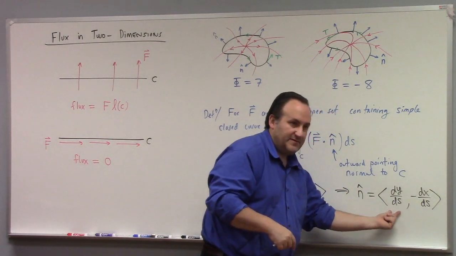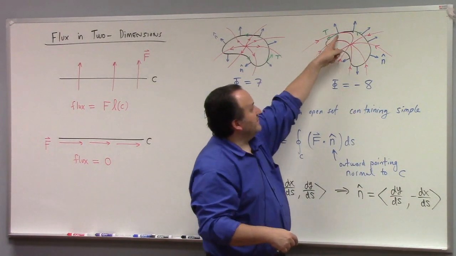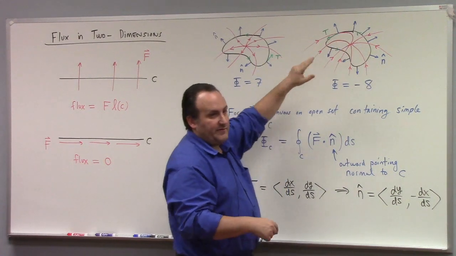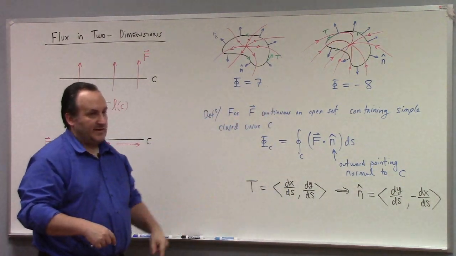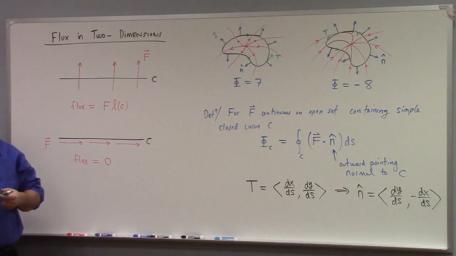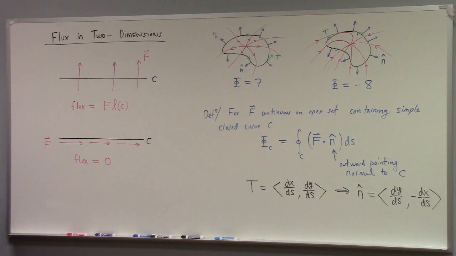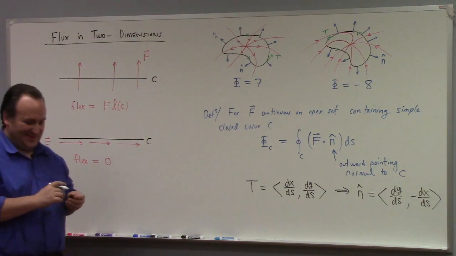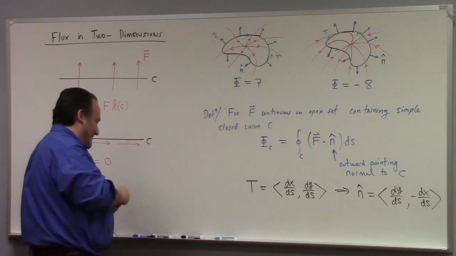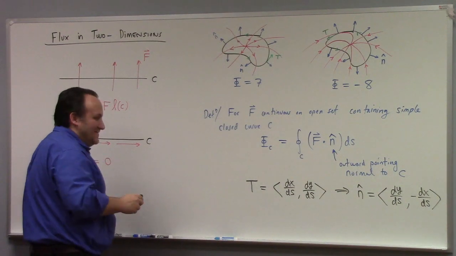So it's going to the left and up, right? You can check every single case. That gives you the right direction for the outward pointing normal, provided we're talking about a counterclockwise oriented curve, right? So that's our convention. So that's probably why you can't use a non-simple curve. Yeah, so we'll just keep it simple, right?